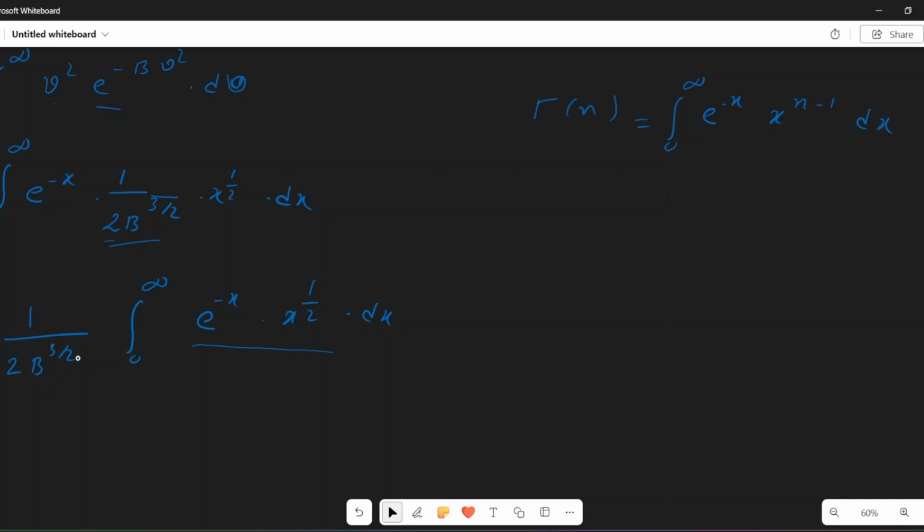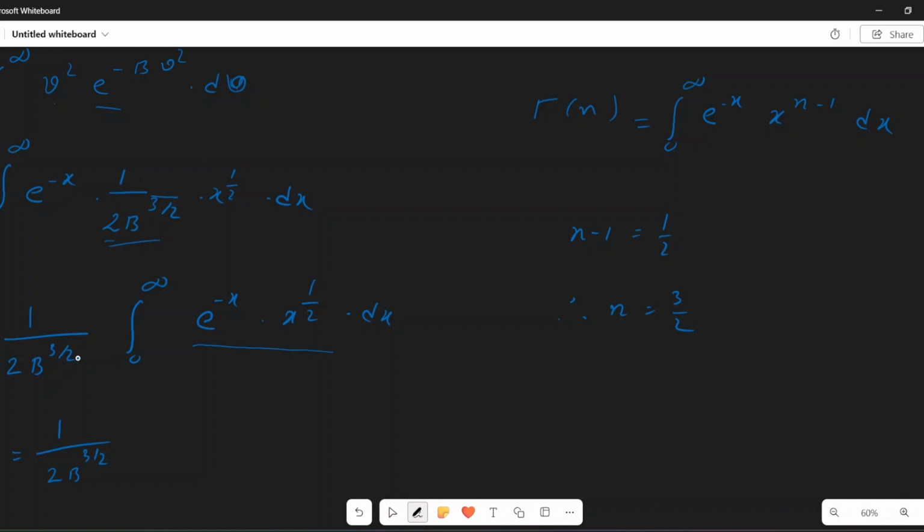Both these expressions are similar. If we want to write it as a gamma function, then n minus 1 should be half, so the value of n will be 3 by 2.